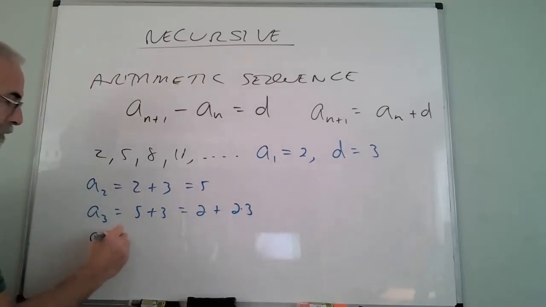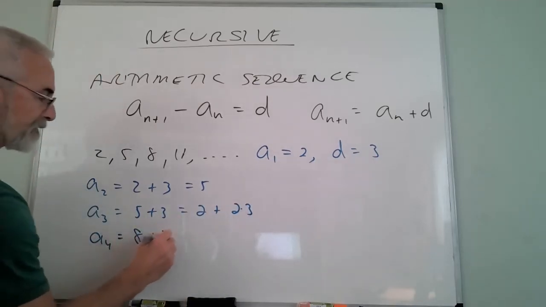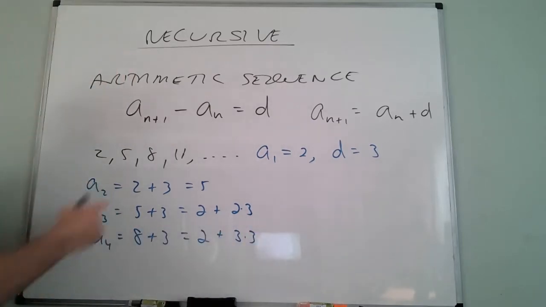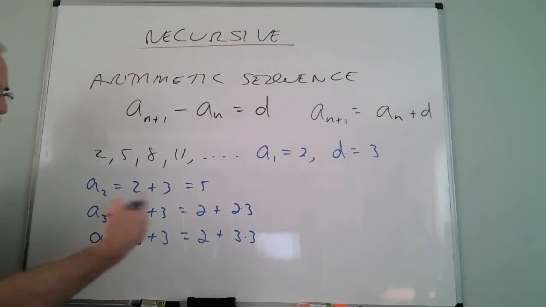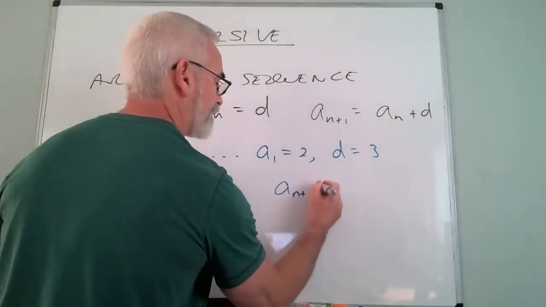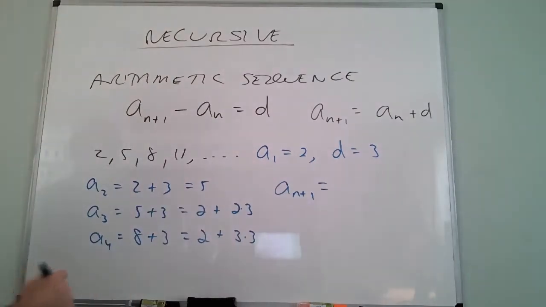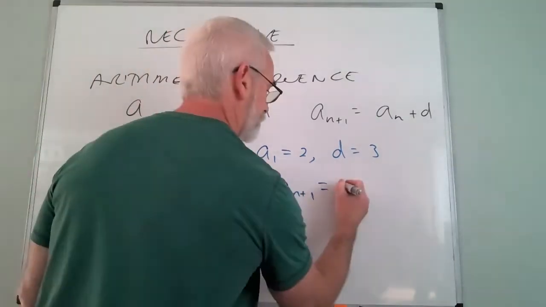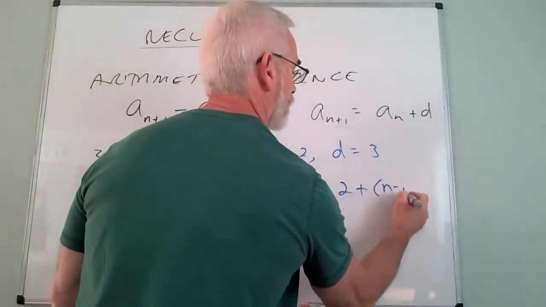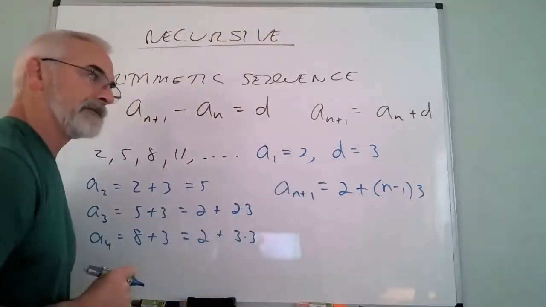And the fourth term, which would be 8 plus 3, or 2 plus 3 times 3. Right, we see that, oh, if I do it like this, then eventually I can say the n plus first term is what? The first term plus n minus 1 times 3.